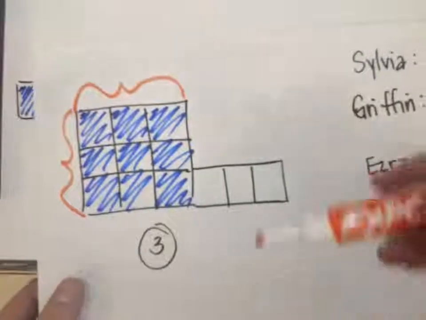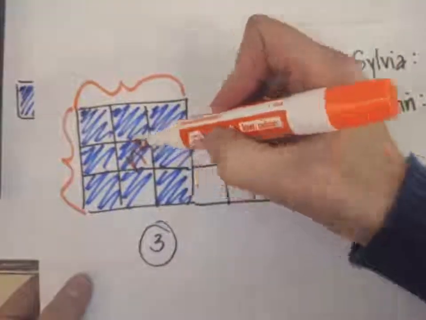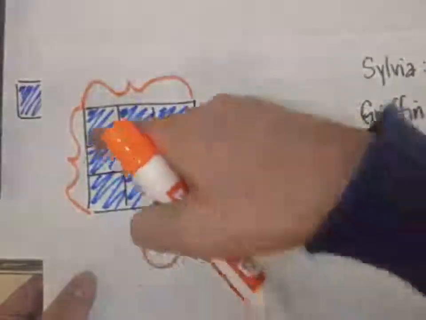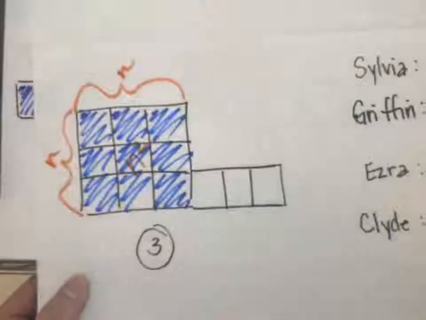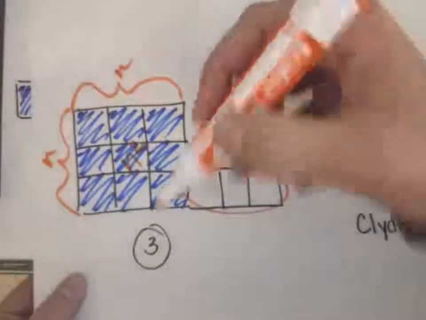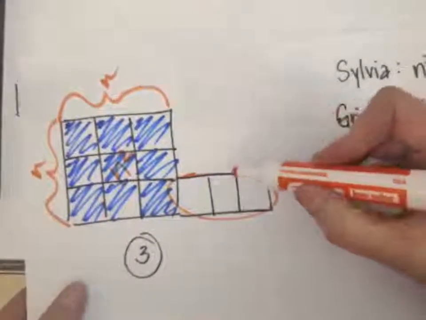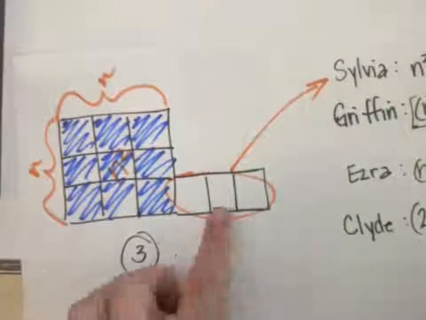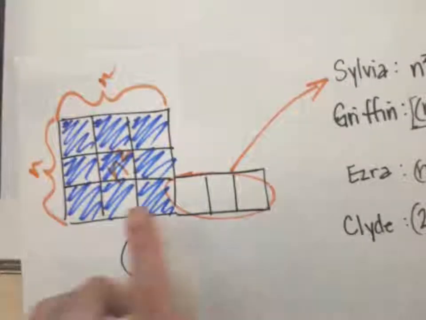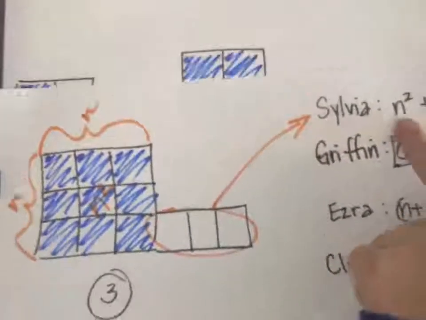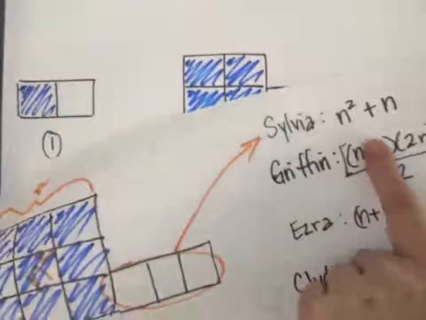So the pattern is n squared, because to find the number of squares you would do n times n to get n squared, plus n, which is this 3 right here. So that is how Sylvie sees it, and she explains why she thinks that the expression n squared plus n is the way she would write the generalization.